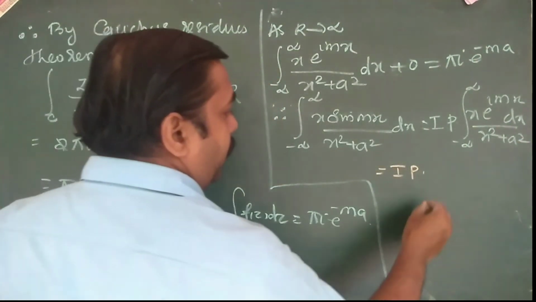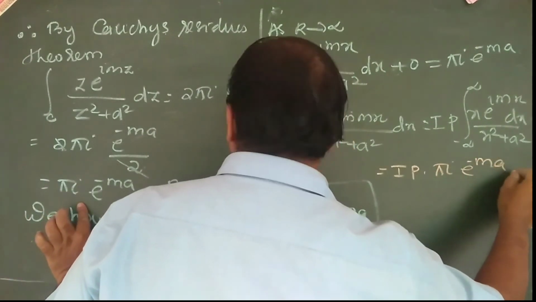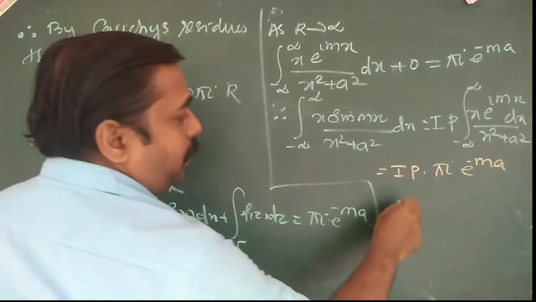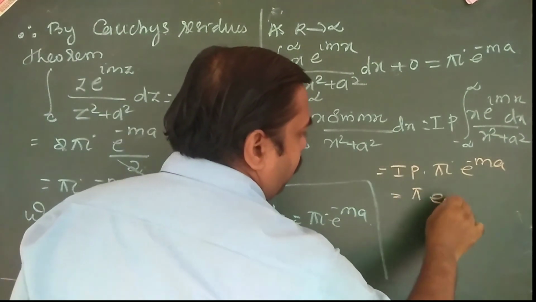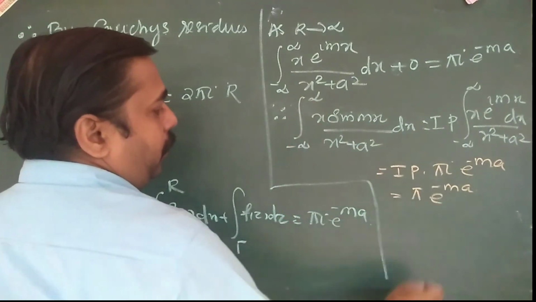Here pi i into e raised to minus ma, so this is equal to pi into e raised to minus ma.